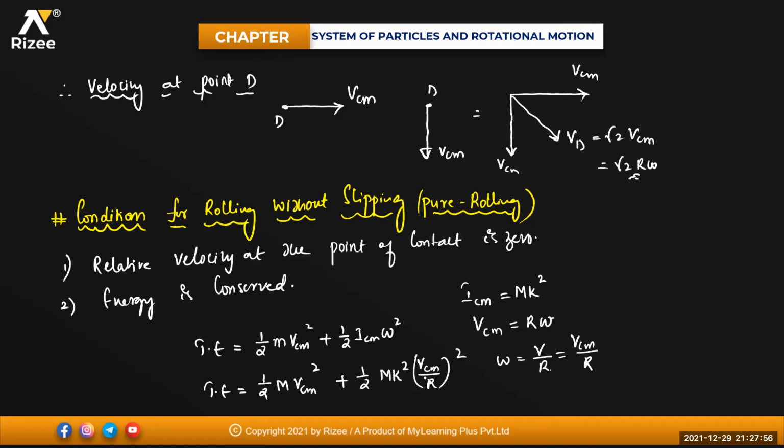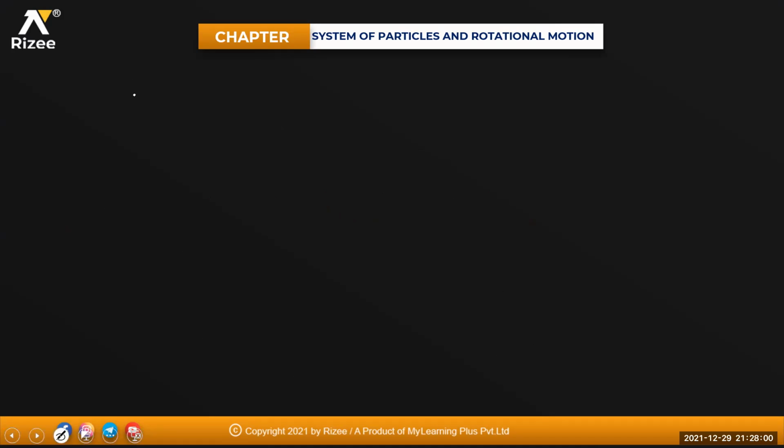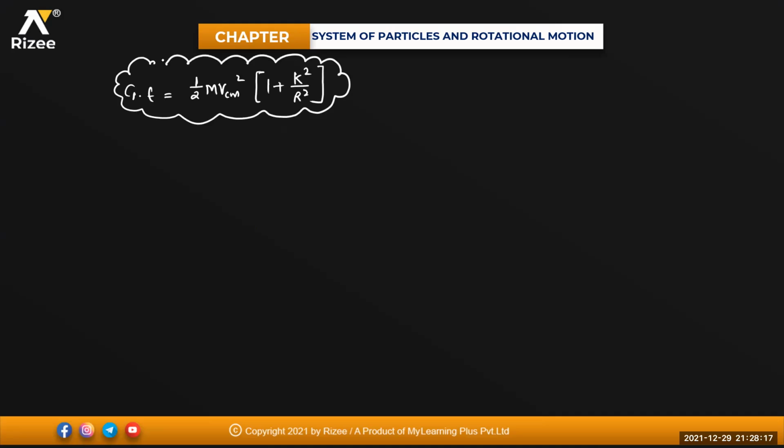Half m VCM square I can take common, na beta. Chalo. Total energy will be equal to half into m into VCM square, which will be common, into 1 plus k square divided by r square. That will be the total energy for a pure rolling.